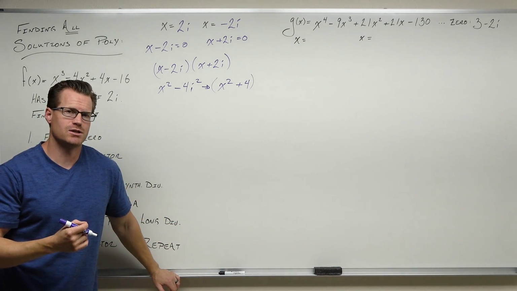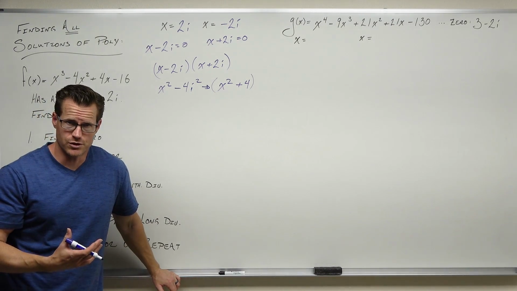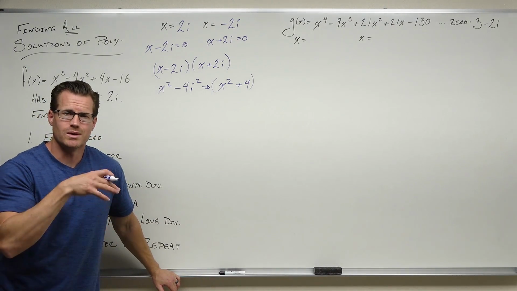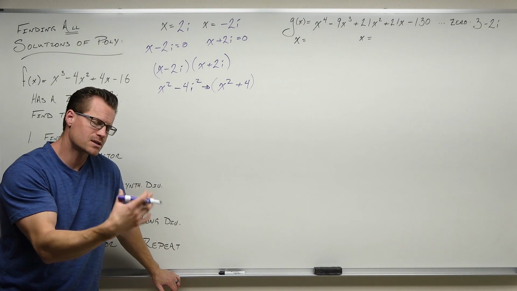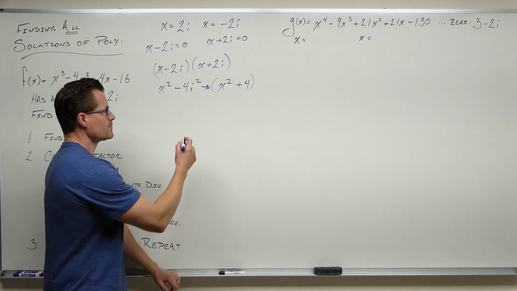So this is what we're going to factor out or divide out from our polynomial. I'm going to show you how to do that. Synthetic division will not do it. And this is why I taught you long division, so that we could do this. And why I'm doing this is so that later on, when you get to some things that you have to do long division for, you're at least prepared a little bit.